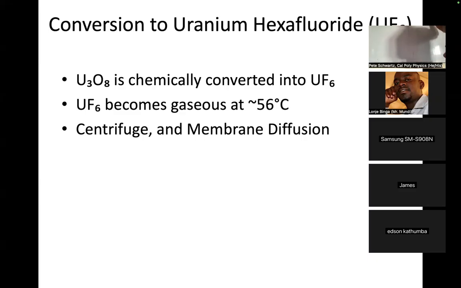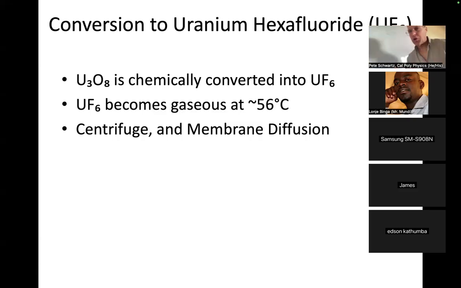So you get the uranium and you put 6 fluorides on it. And it doesn't increase the mass very much because fluoride is very small, it's very light compared to uranium. Okay. And so this is a gas at just relatively warm temperature, at 56 Celsius.